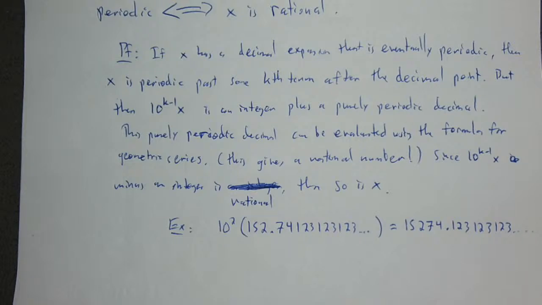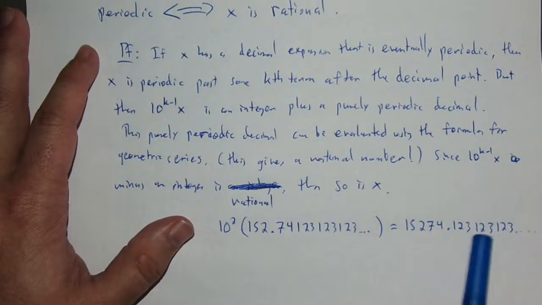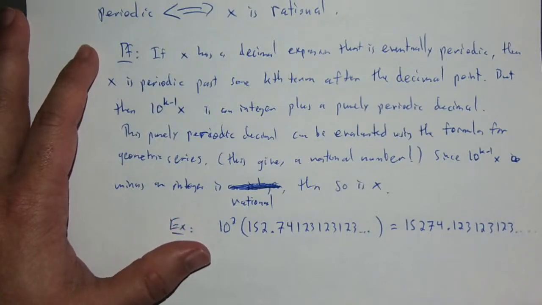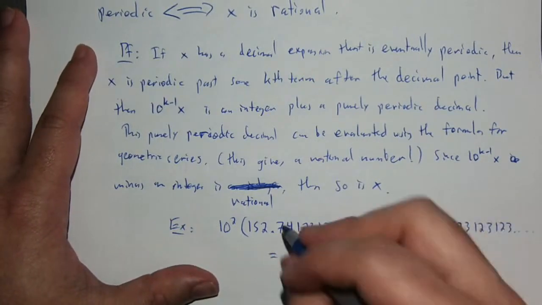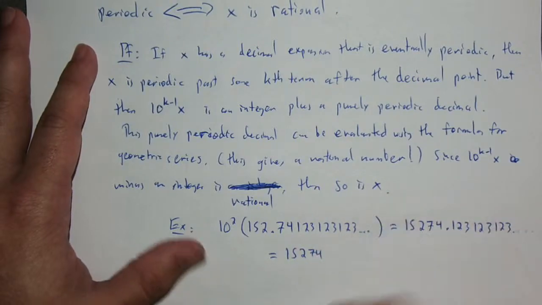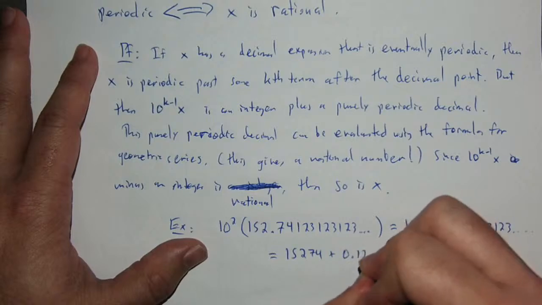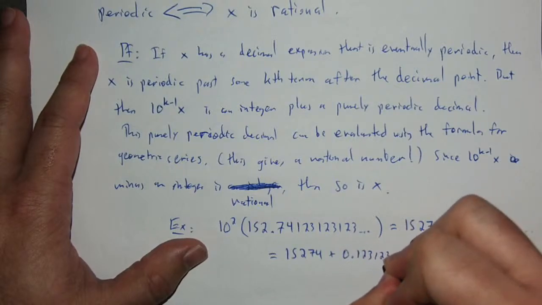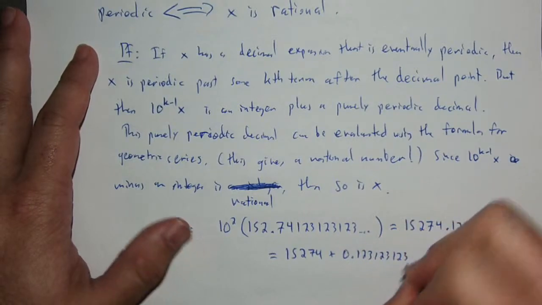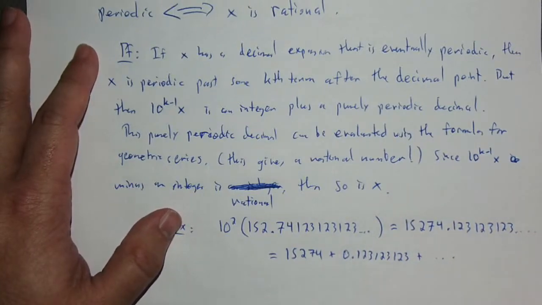So then I can split this in the following way. I could say that this is 15,474 plus the decimal 0.123123123, and so on.